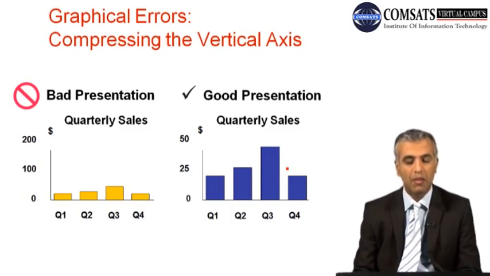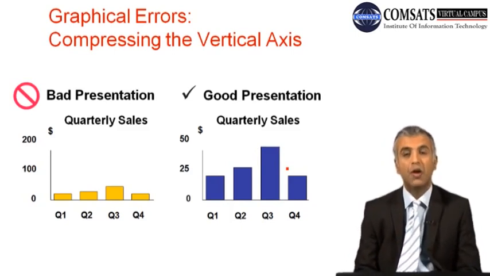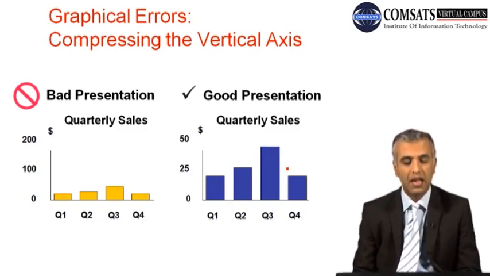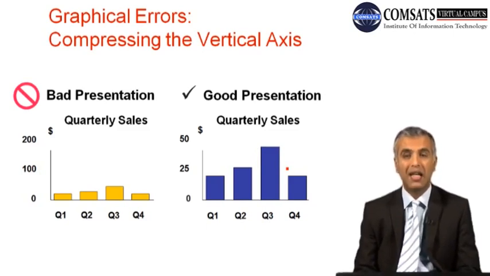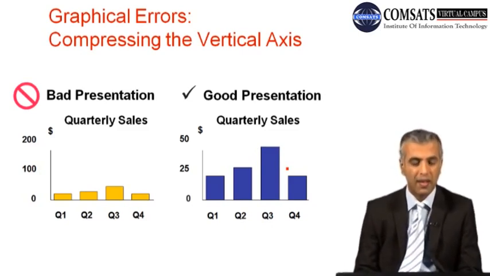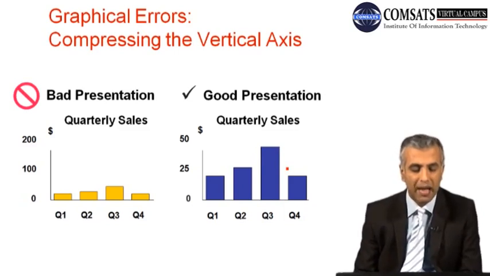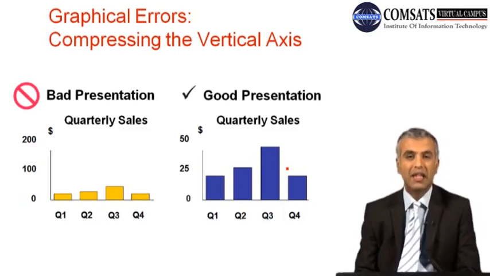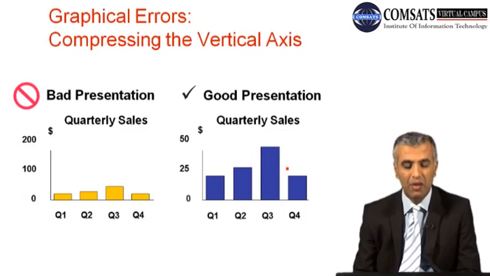The original values may be lying between 20 to 30% or 20 to 50%, or $20 to $50, I would say, but we are showing it on a scale of $100 on the y-axis, which then shows the real values on a very small scale, and from that nature we cannot compare these values easily.